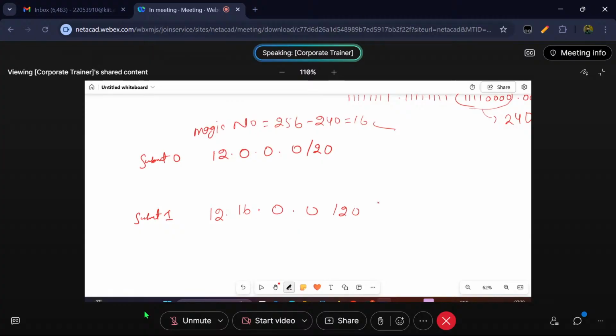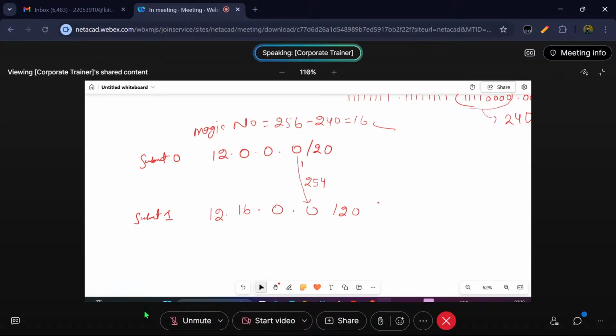We will start from the first octet, write 1 here, then move ahead with 2, 3, 4, up to 255, right? And 255 will not be used, I mean 254 hosts you will configure from the last one.